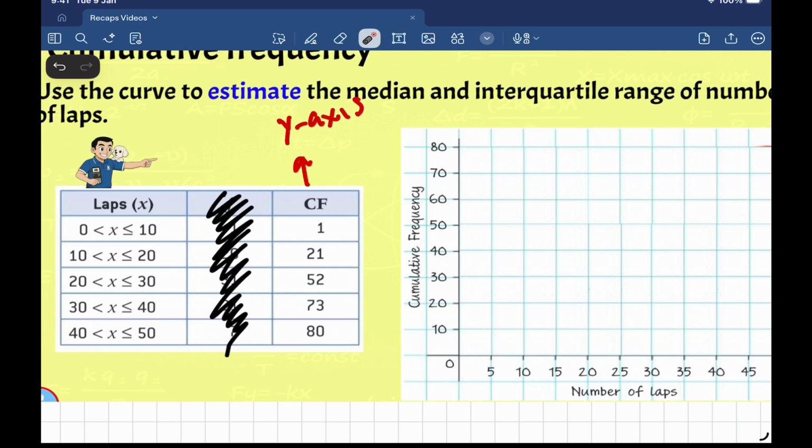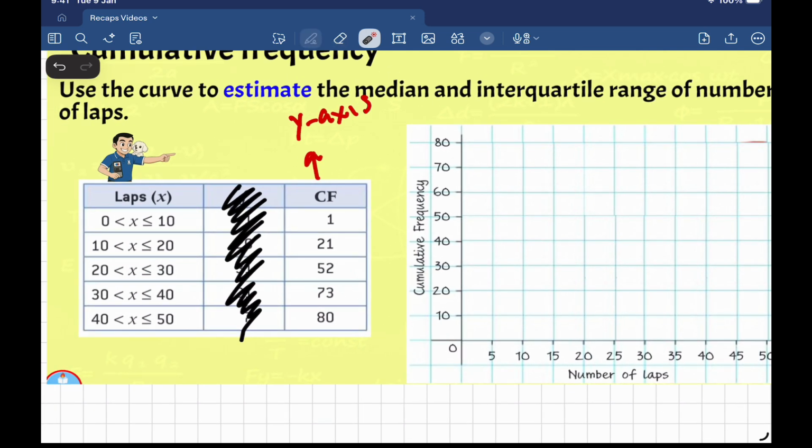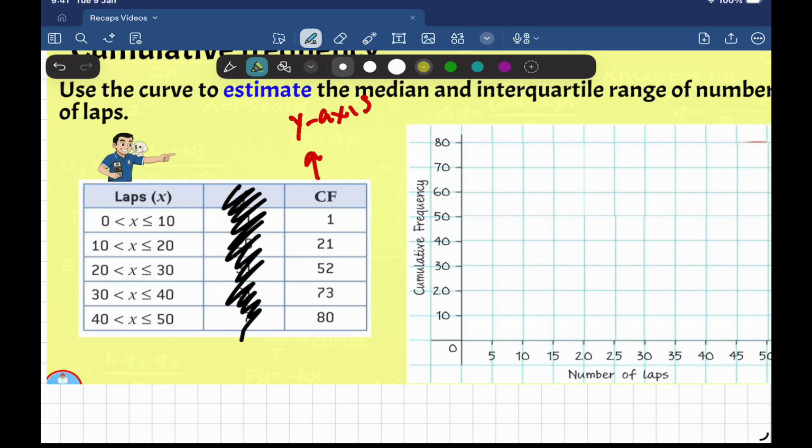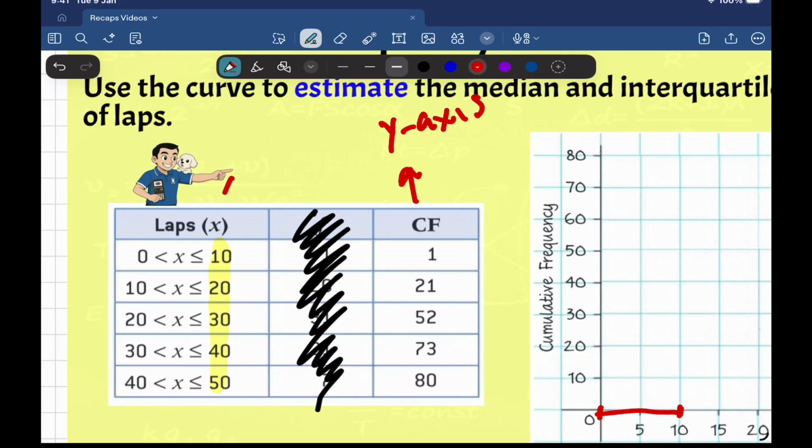But be careful, we are going to use, let me use a color here, these numbers always when we have intervals. For example, between 0 and 10, we have 1. So this is like the x-axis.